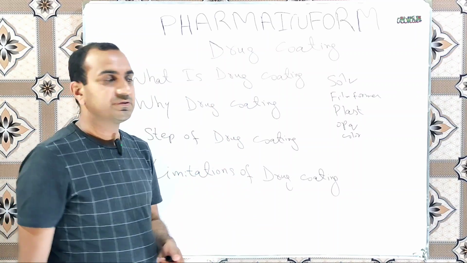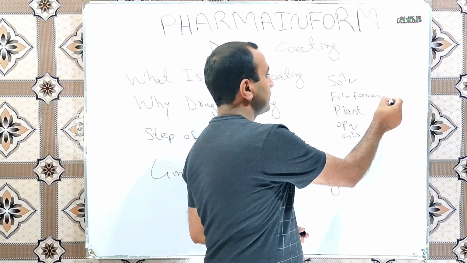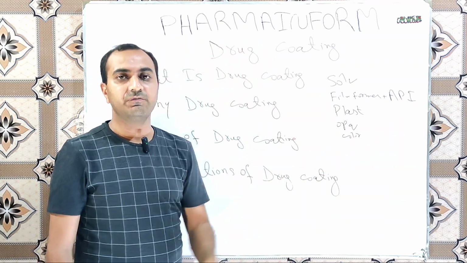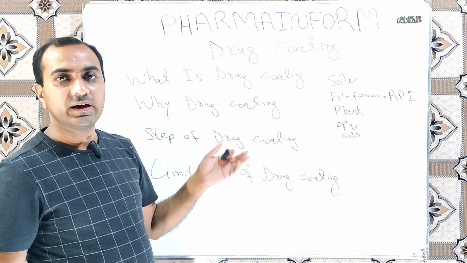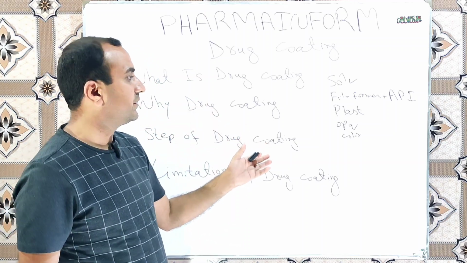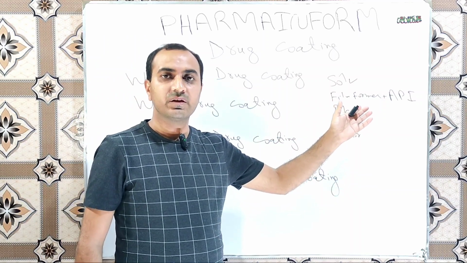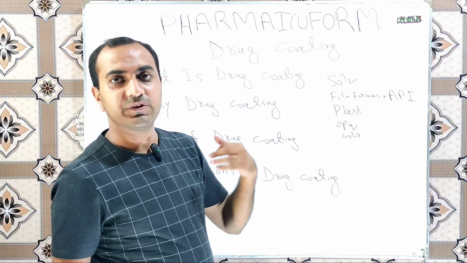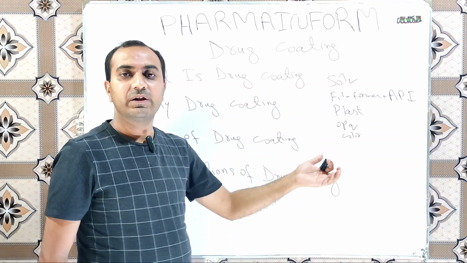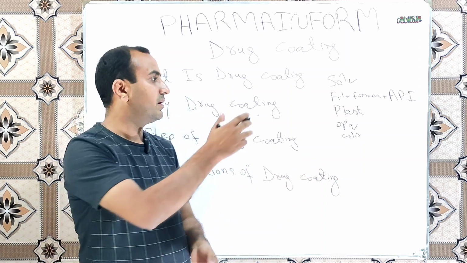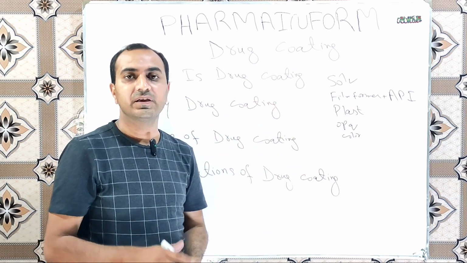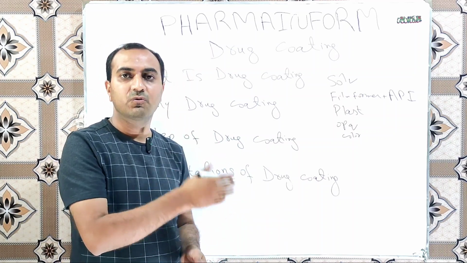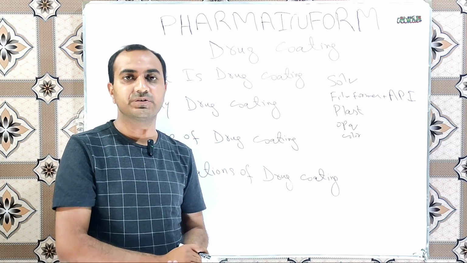And in drug coating suspension we also have an API, or active pharmaceutical ingredient, along with our film former. We add our active pharmaceutical ingredient in the tablet coating suspension, and then we apply this suspension to the rotating bed of tablets so that our active pharmaceutical ingredient is deposited on each tablet as required by the specifications.